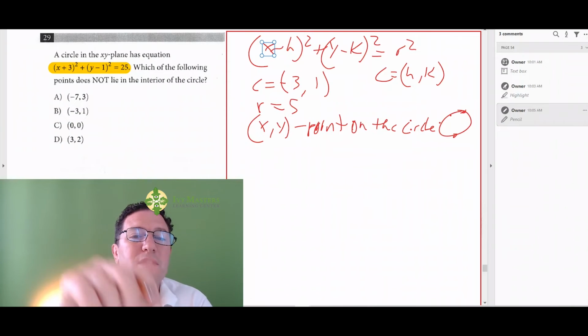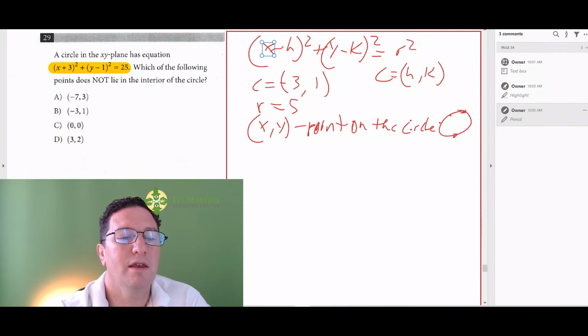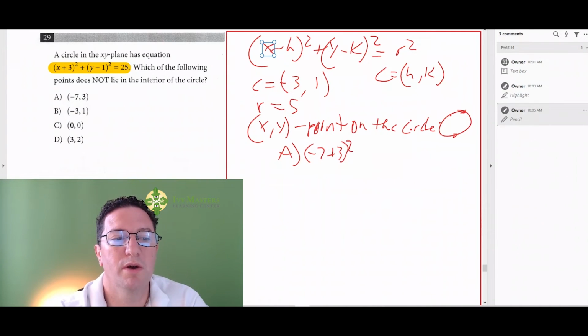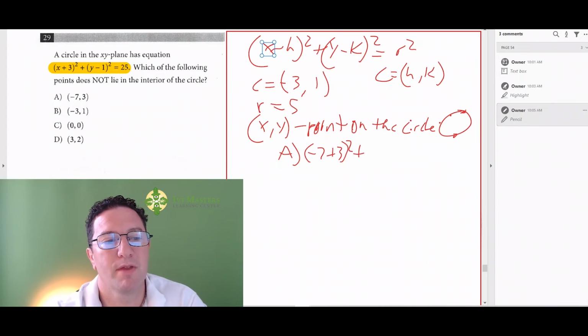So what happens is when we plug in, let's say I plug in answer choice A, I get (−7 + 3) quantity squared plus (3 − 1) quantity squared equals 25.